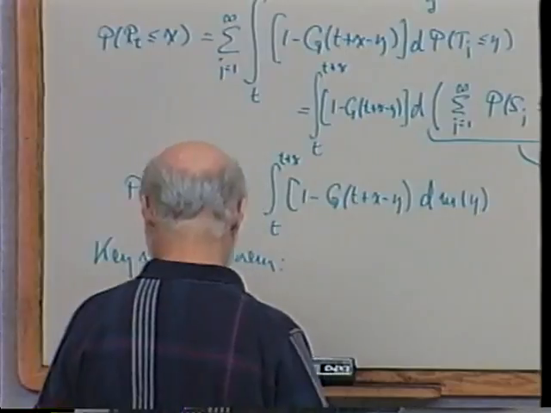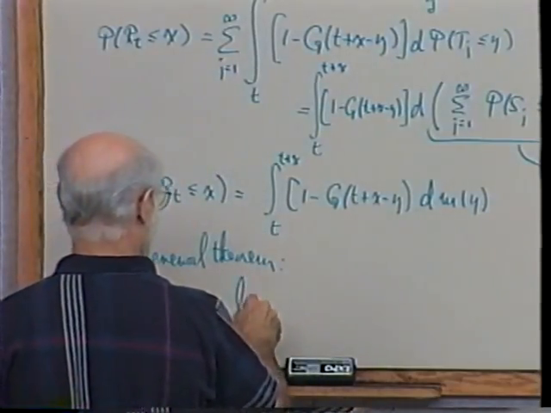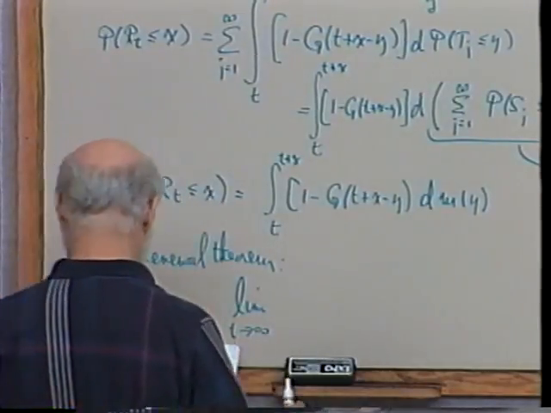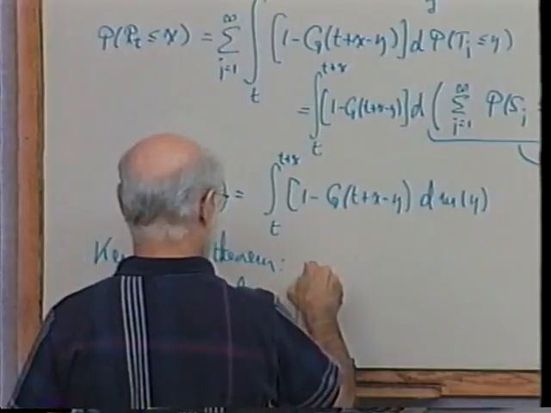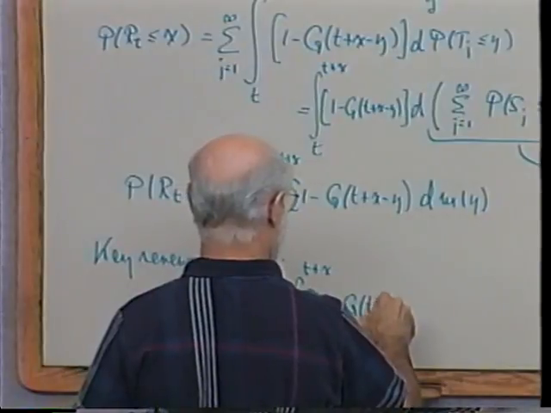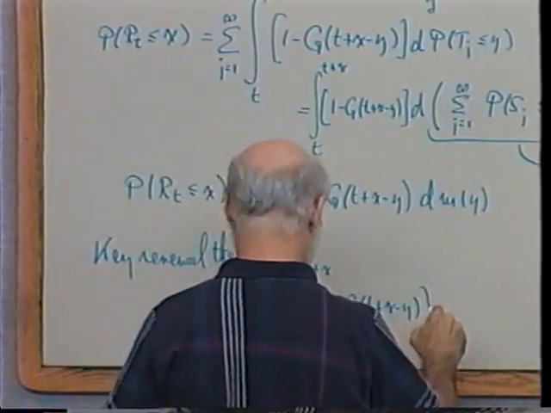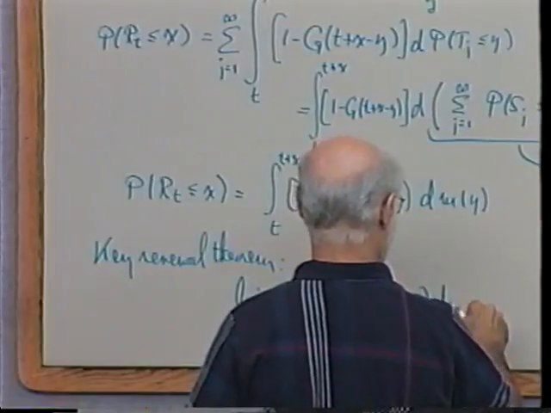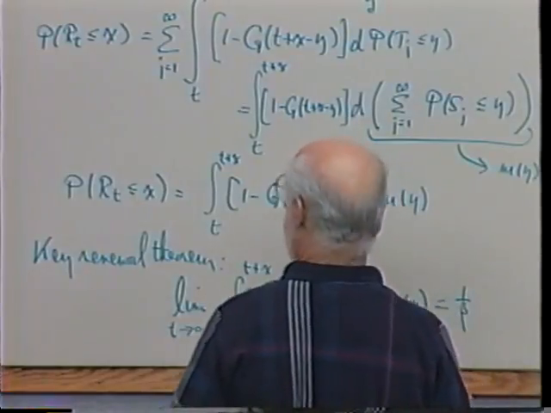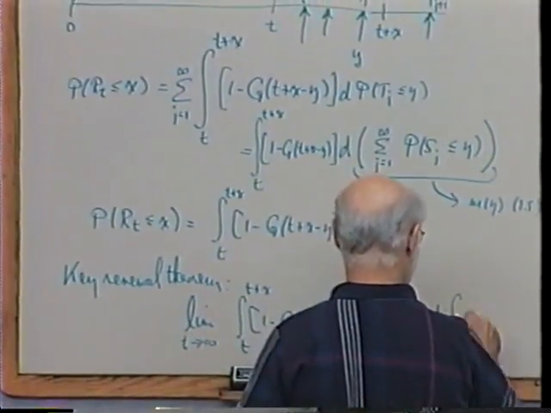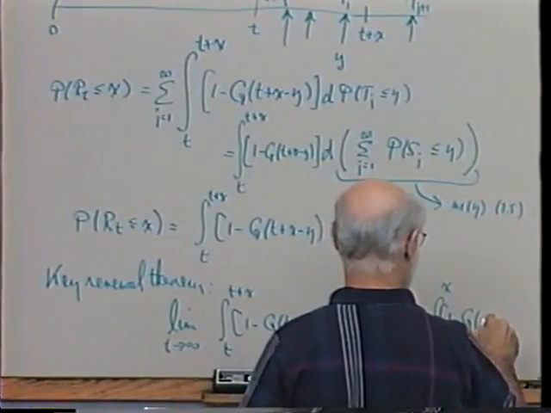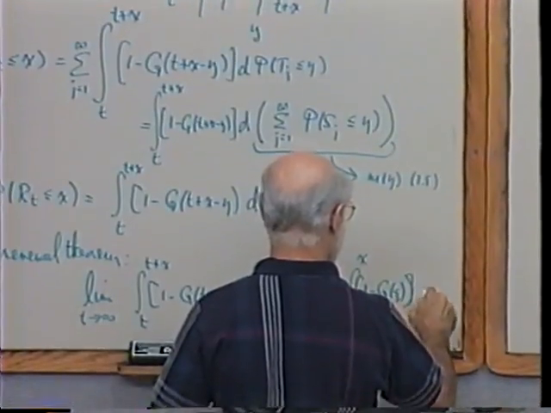Okay, so here is the key renewal theorem. The key renewal theorem says that if I took the limit as t goes to infinity of that right-hand side, the integral between t and t plus x of 1 minus g of t plus x minus y dm of y, what I would get would be 1 over beta times the integral from 0 to x of 1 minus g of c dc.